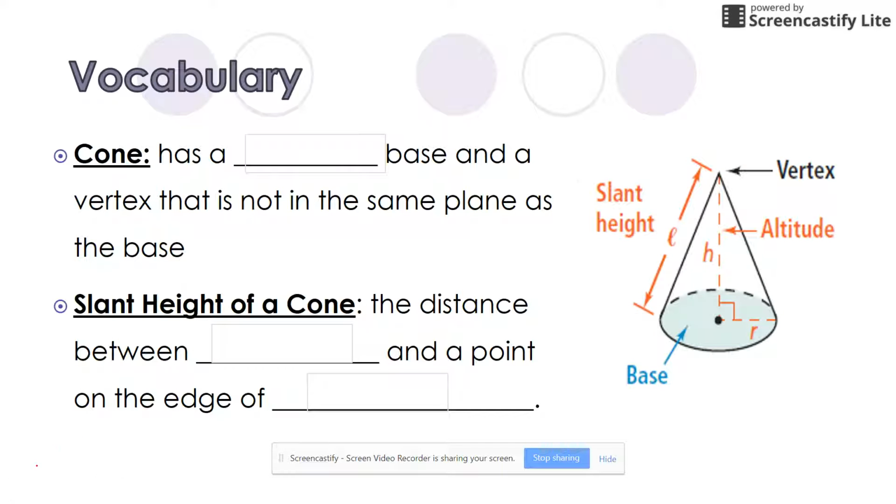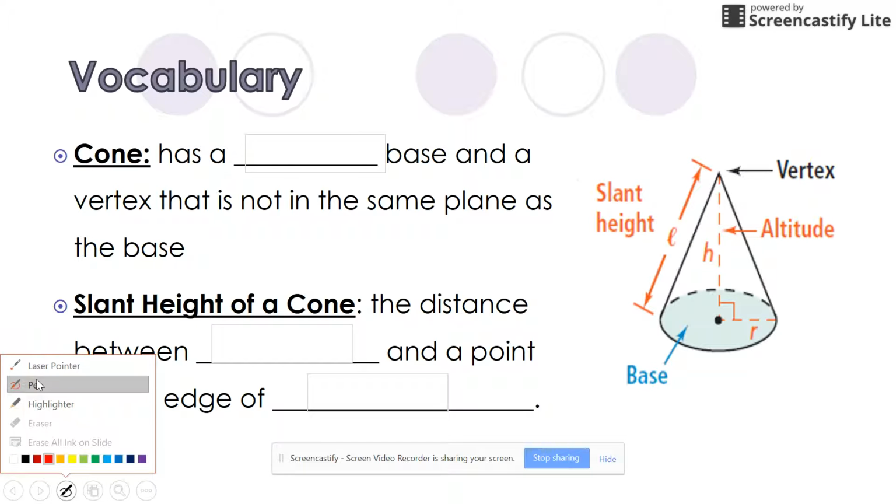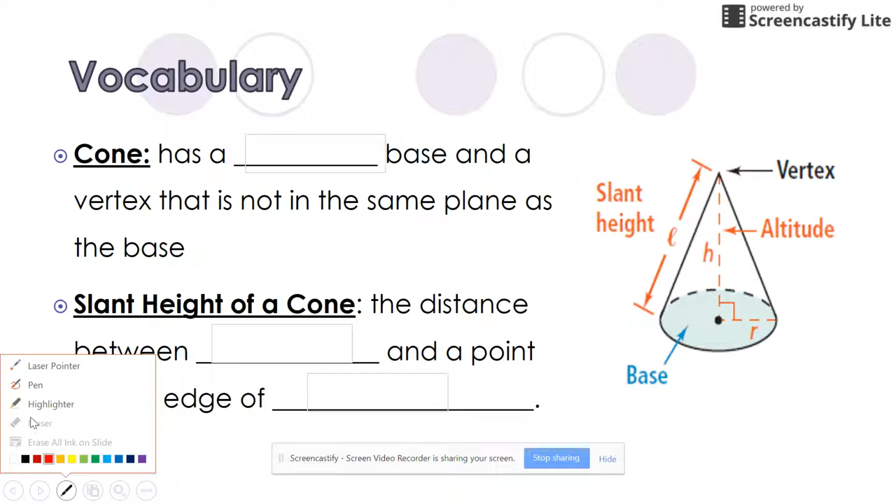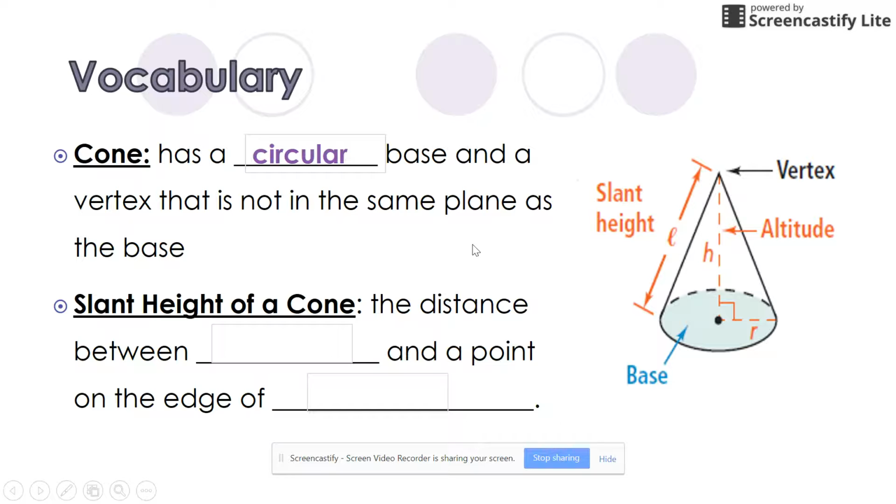So a cone has some similar terms. It has a circular base, obviously, and the height and the slant height of the cone, similar to the pyramids.